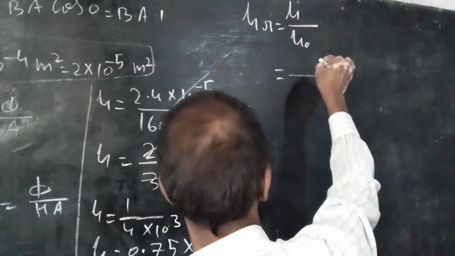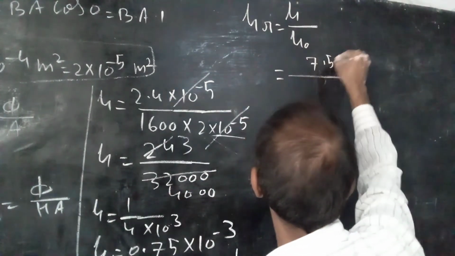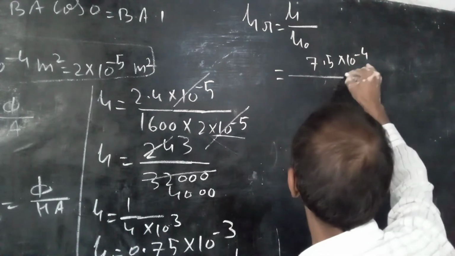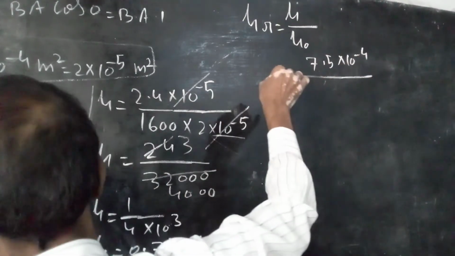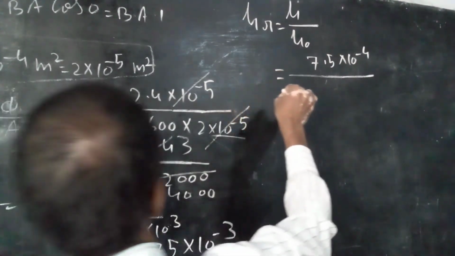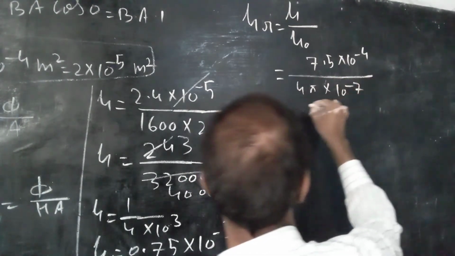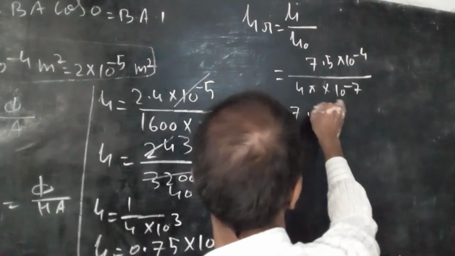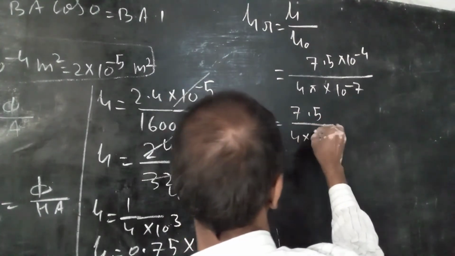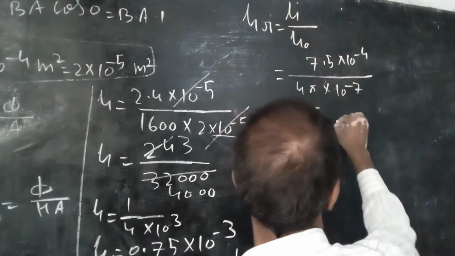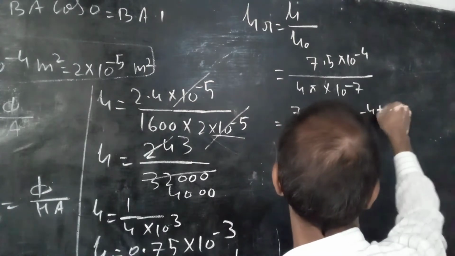Mu is 7.5 into 10 raised to power negative 4. Mu 0 is 4 pi into 10 raised to power minus 6. Okay. So you get 7.5 upon 4 into 22 by 7 into 10 raised to power negative 4 plus 7.